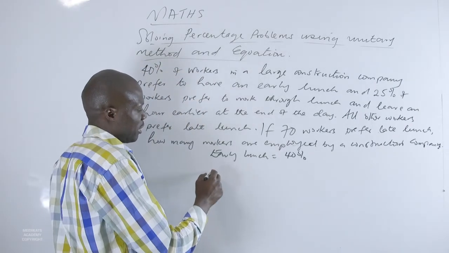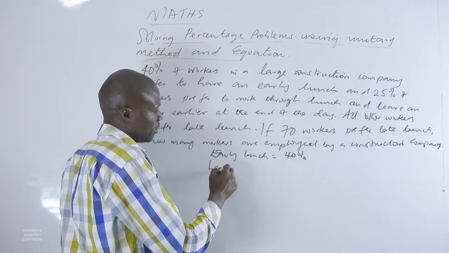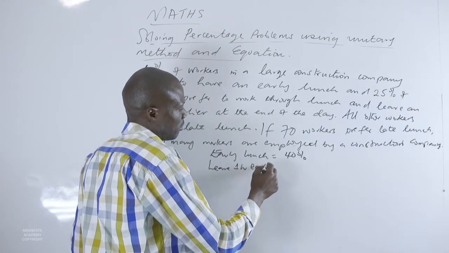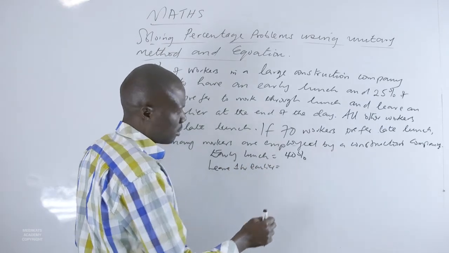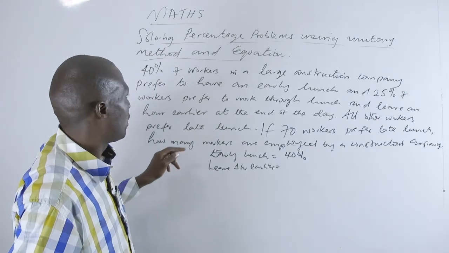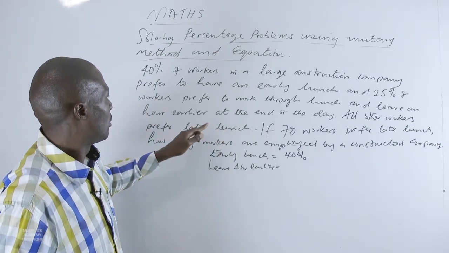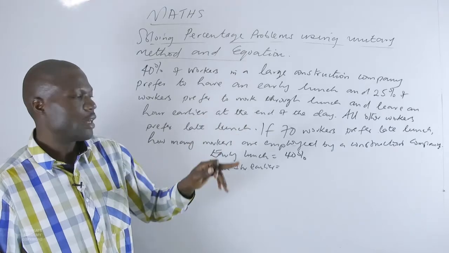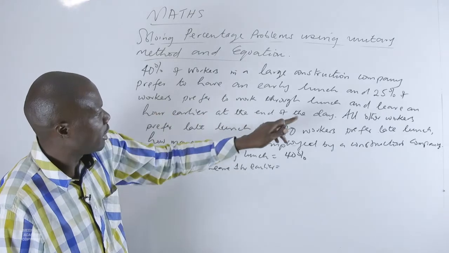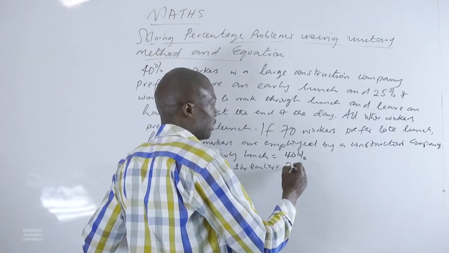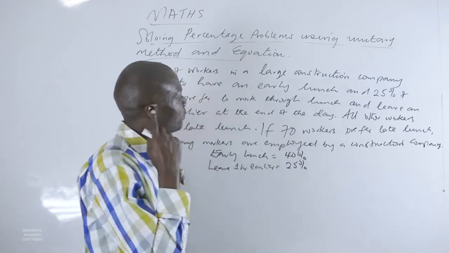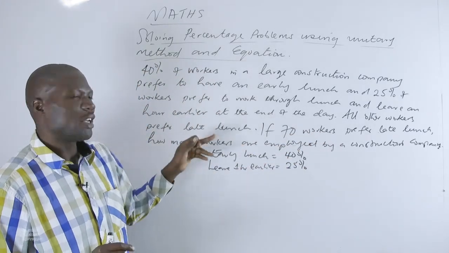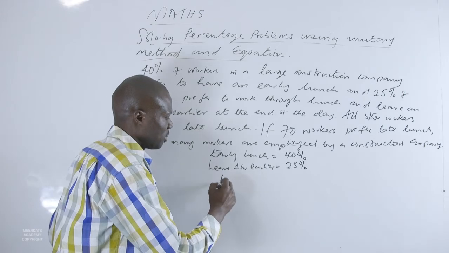Those who leave 1 hour earlier, this is equivalent to what percentage? 25%. And then all the other workers prefer late lunch.